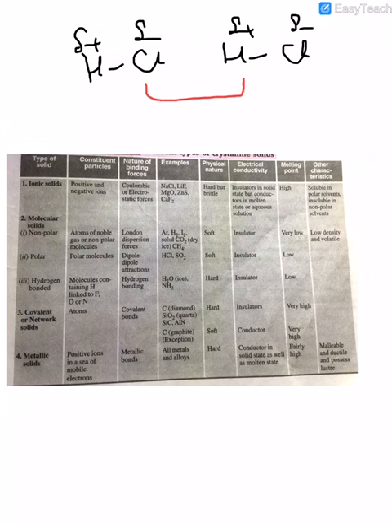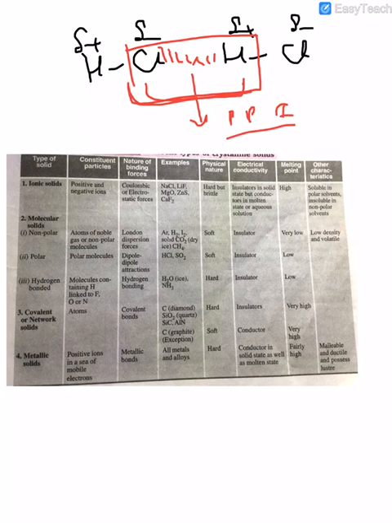So due to opposite charges, these two attract each other, right? So these forces are polar interaction, or we can say dipole interaction. Dipole interaction is also one of the van der Waals forces.